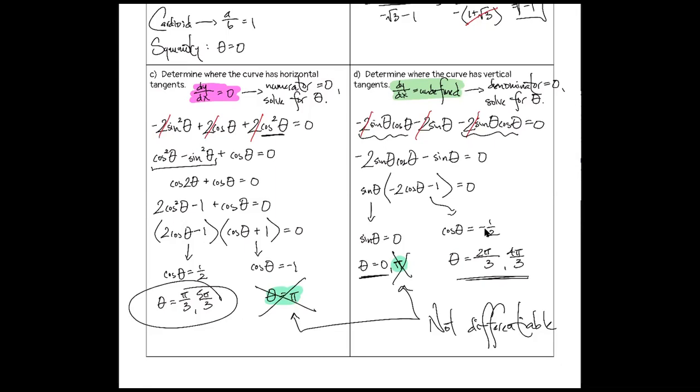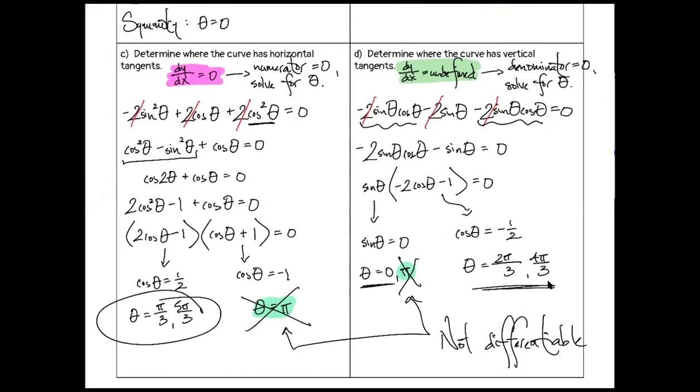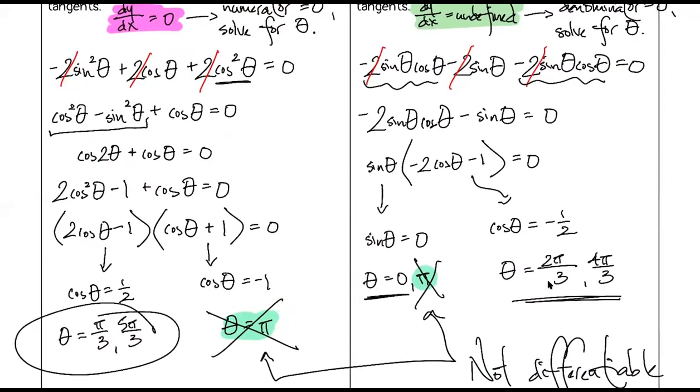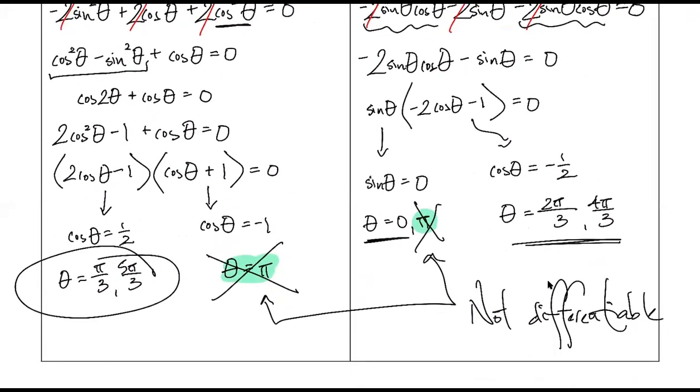Because it's a cusp. Okay, so a cusp is an example of a type of point that is not differentiable. Cusps and corners and any type of discontinuity would be not differentiable, okay? I know it's a lot of Calc 1 stuff coming back.